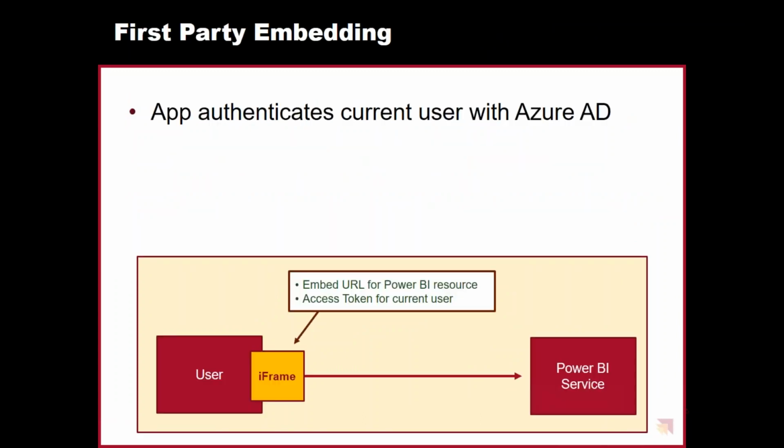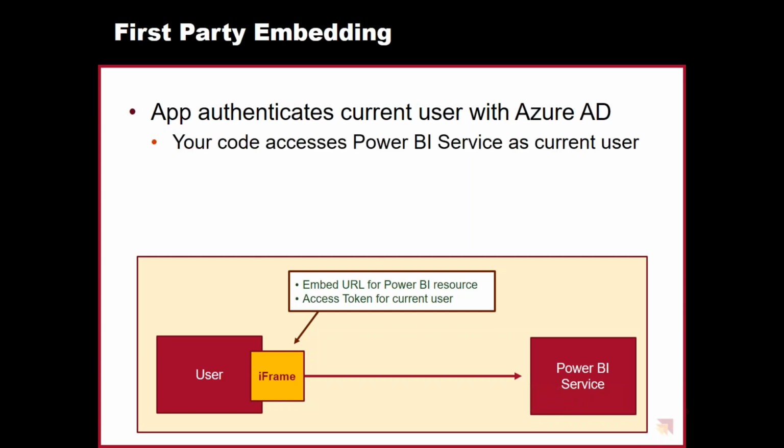Okay, now let's differentiate between two different types of embedding and these terms that we'll hear, first-party embedding versus third-party embedding. If I create an application and I want to authenticate the current user, so Bob uses my application, so does Mary, so does Fred, so whoever the current user is, I authenticate the user to their own identity, and we basically create a connection using that user's access token.